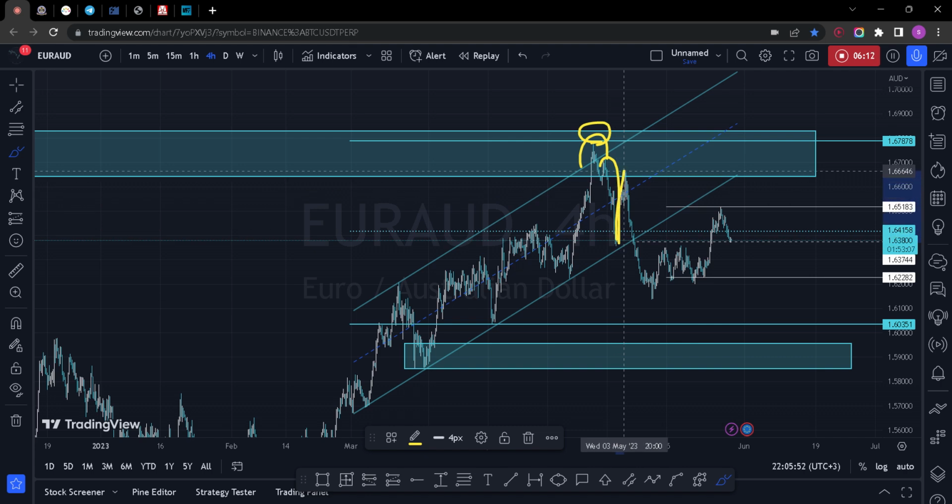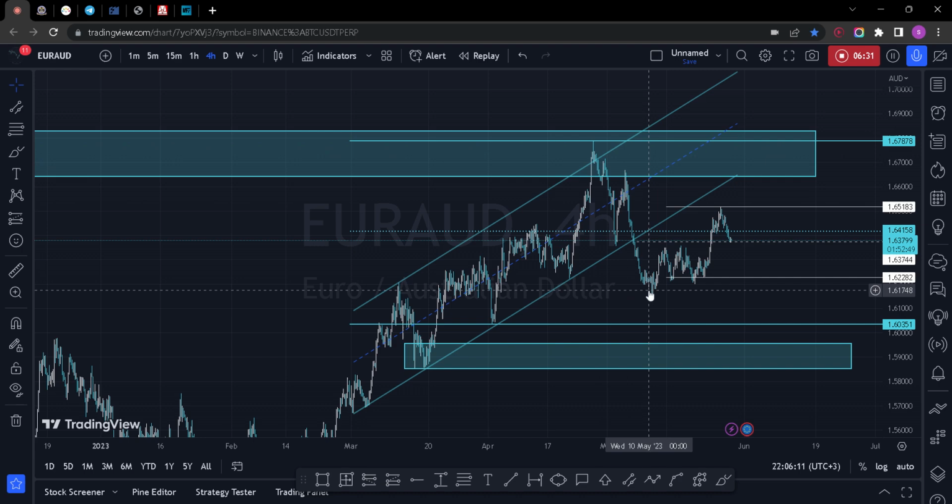Price went back and also a very aggressive sell-off. So that shows there's an imbalance, and this price is a premium. This is where most sells are being filled. So to me, that's an interest zone.